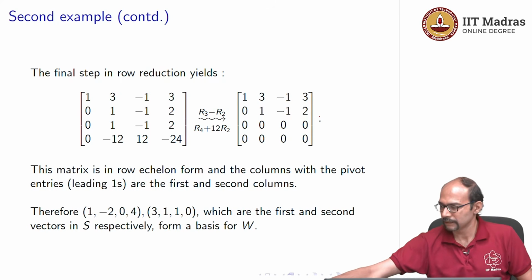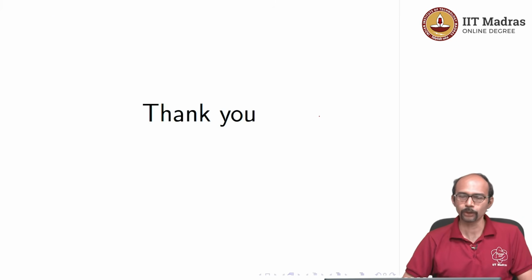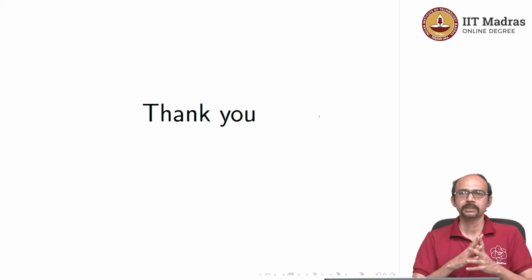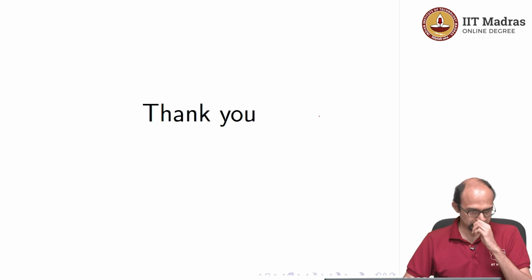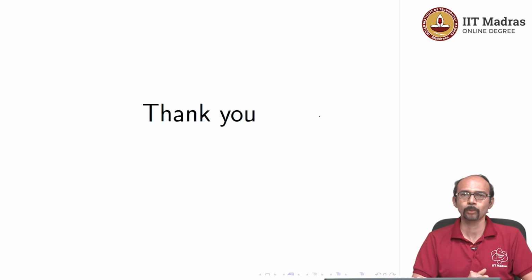So, let us recall what we have done in this video. In this video, we have seen two methods, two algorithmic methods. I will stress the fact that these are algorithmic methods to obtain a basis from a spanning set. The first one was what I call the row method.